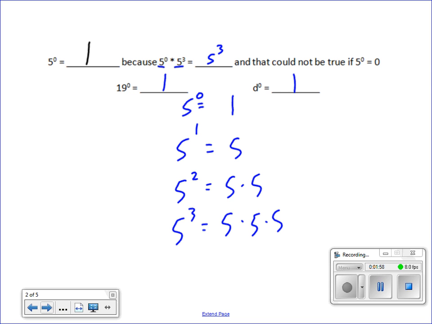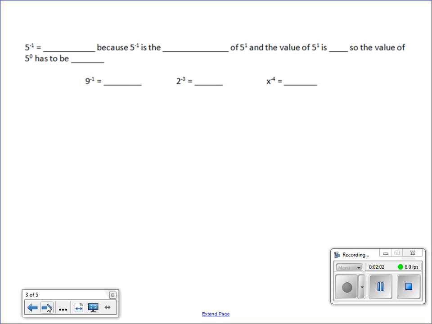So it's just worth a 1. Because if I multiply by 1, I keep stuff the same. It's my identity property. It's not changing the value of anything if I multiply times 1.